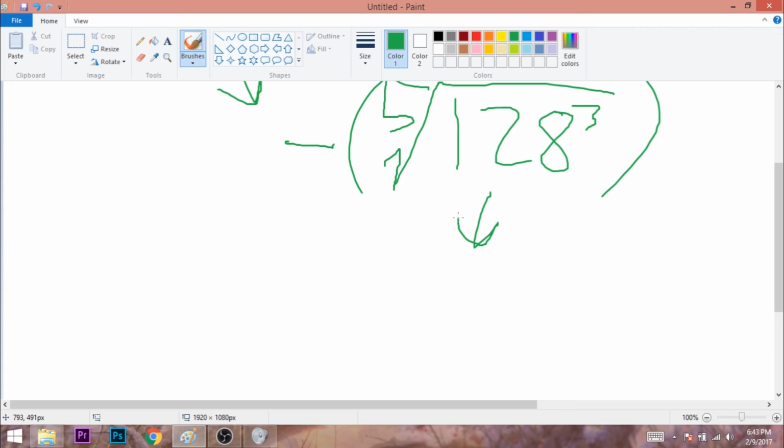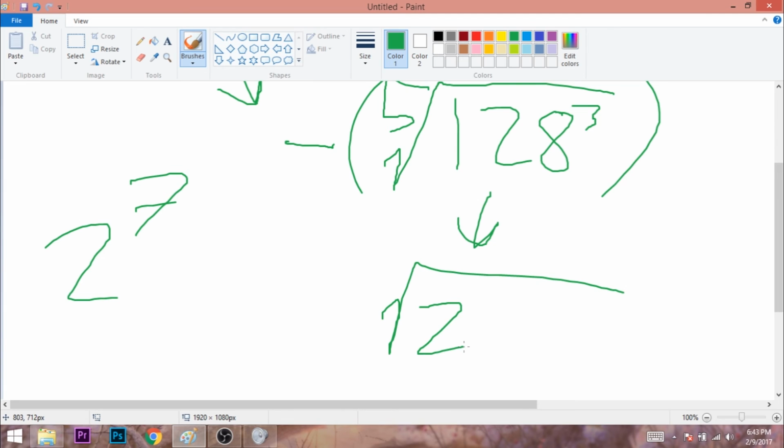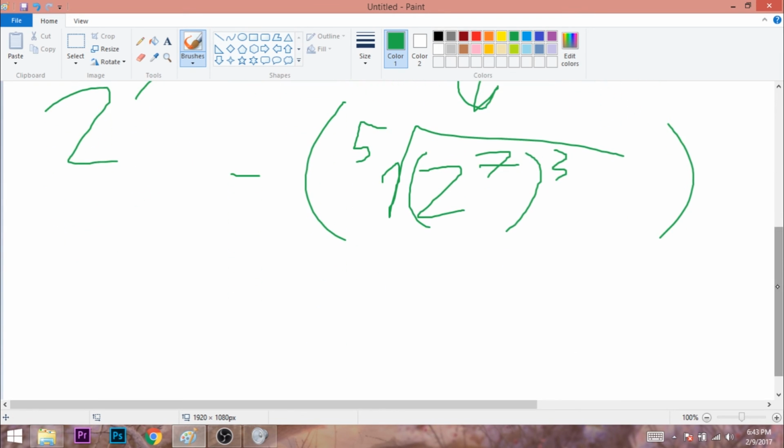So 128 is also known as 2 to the, let's see, 2 to the 2nd, no, 2 to the 7th power. So we're going to have 2 to the 7th power, all of this to the 3rd power, and we're still finding the 5th root.